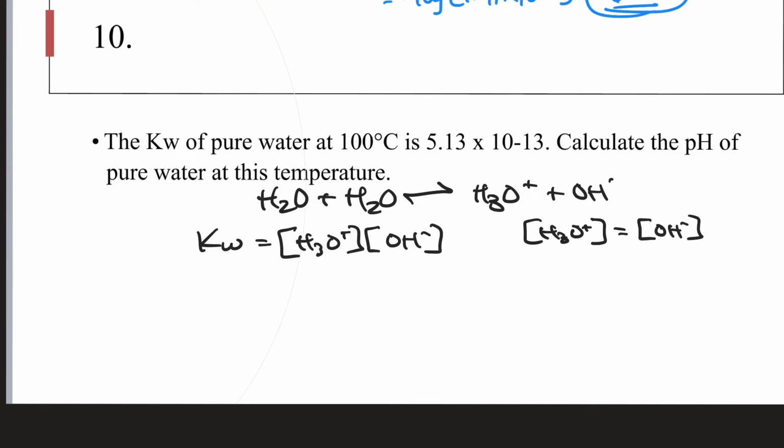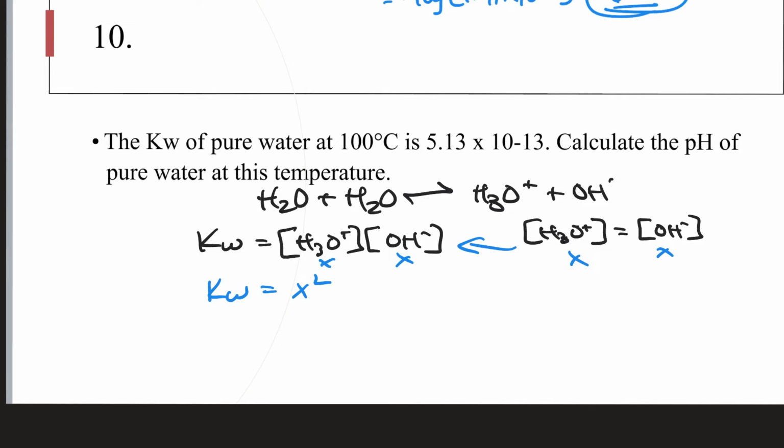Because of that, we can really just solve for x, since they're both the same value. Kw is really just x squared, because each of them is x.